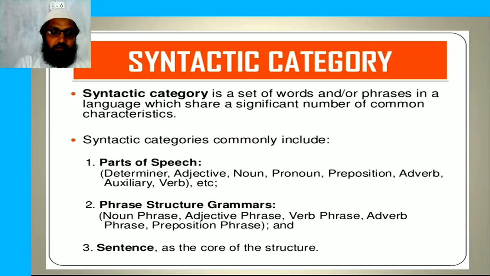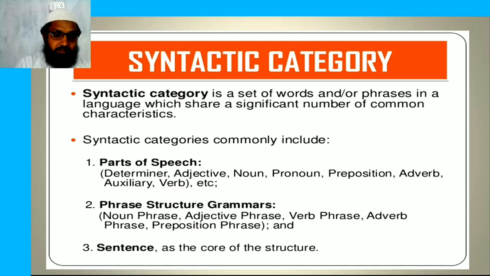Syntactic category. A syntactic category is a set of words or phrases in a language which share a significant number of common characteristics. Syntactic categories commonly include three things. One is parts of speech. In parts of speech, determiner, adjective, noun, pronoun, preposition, adverb, auxiliary verb.